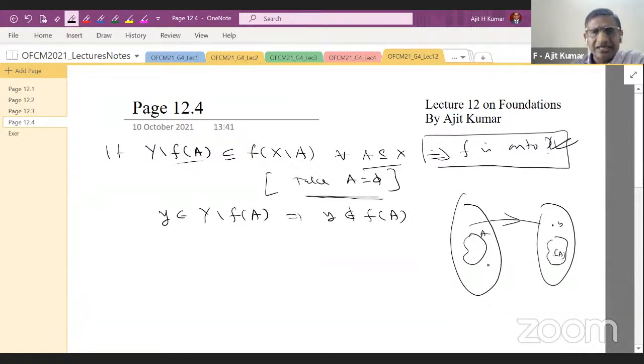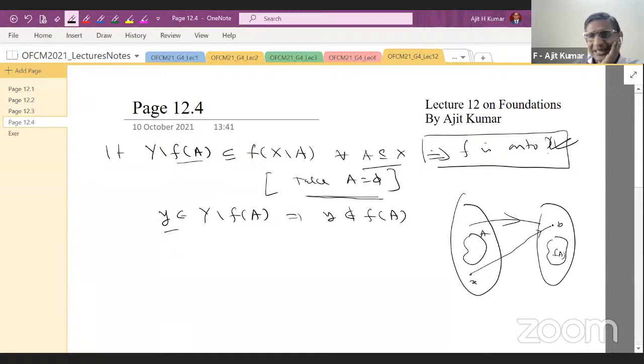We want to check whether y lies in f of X minus A. That means I should get some x somewhere here whose image goes to y.